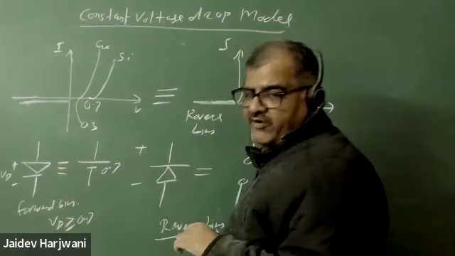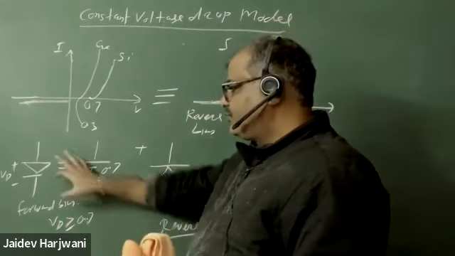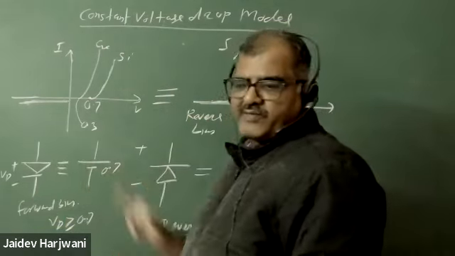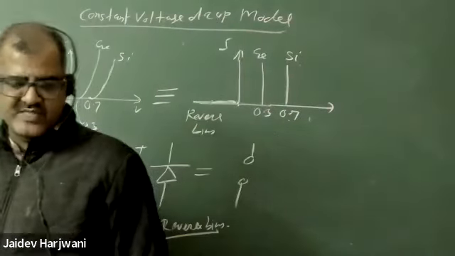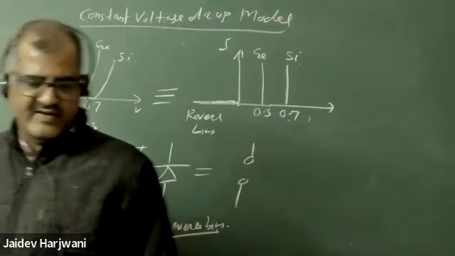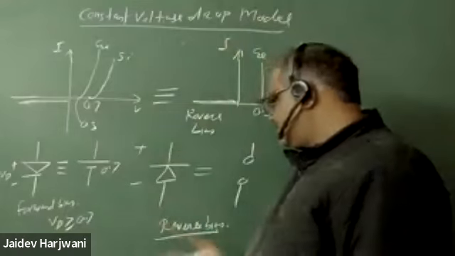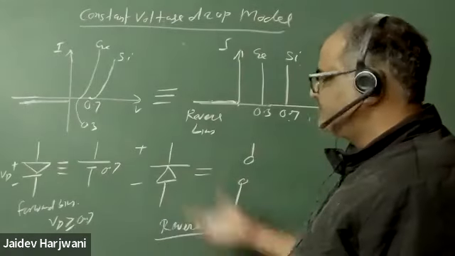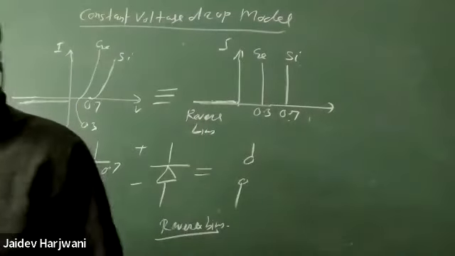So you have to always check whether the diode is forward bias or reverse bias. To check this, open the diode and see how much open terminal voltage is coming. If the open terminal voltage is greater than 0.7, the diode is forward bias. In reverse it is always reverse bias. So you can replace by a battery in forward bias and open circuit in reverse bias. This is your constant voltage drop model.